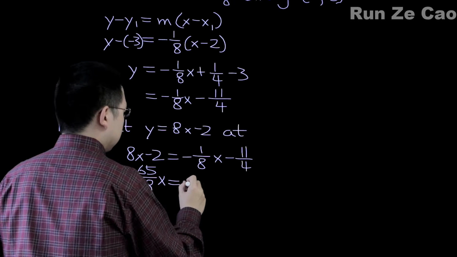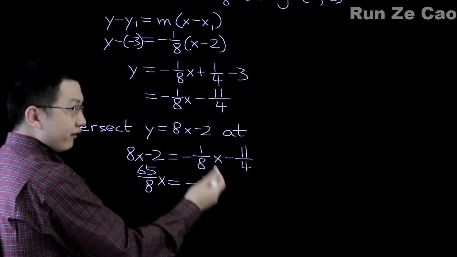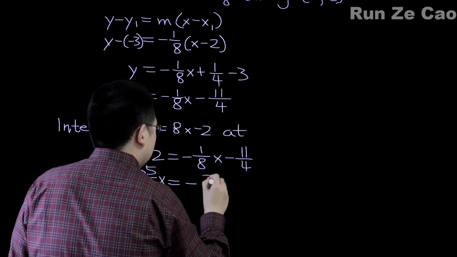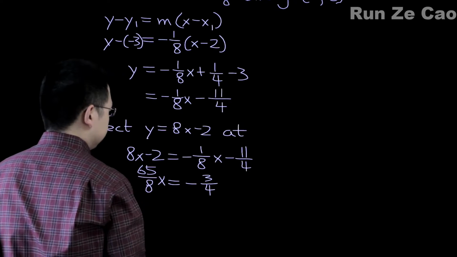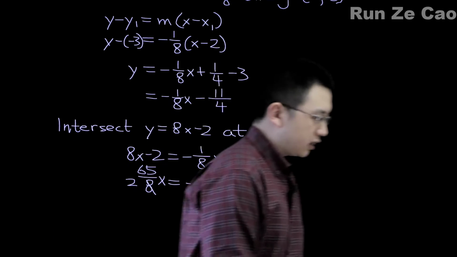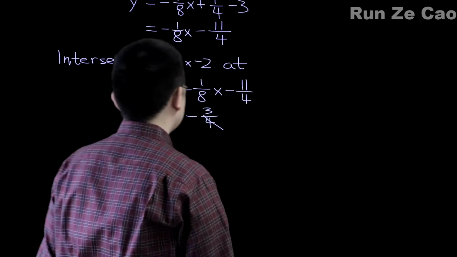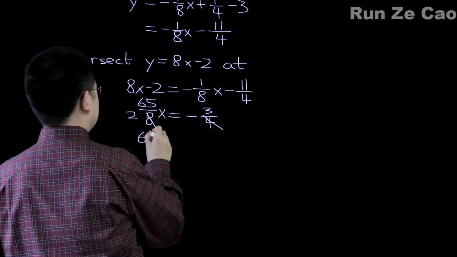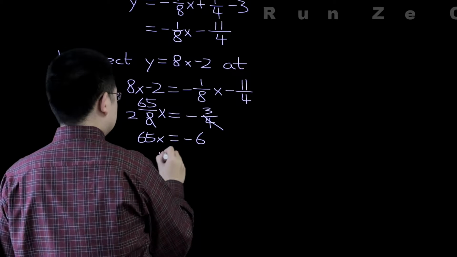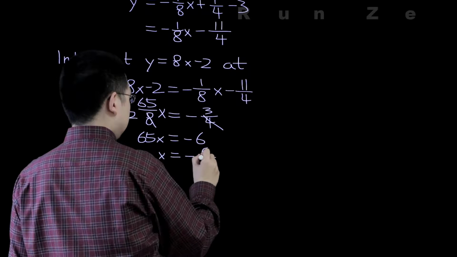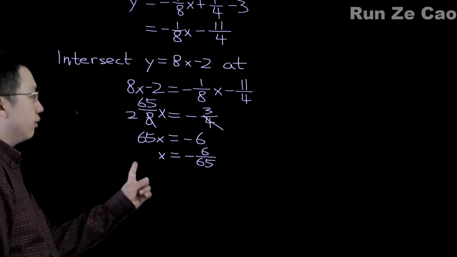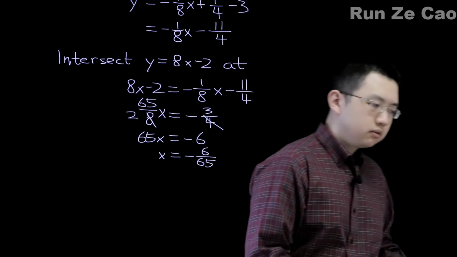That's, well, 11/4 plus 8/4 technically. That's 3/4. We can cross this out, get a 2. Now what actually happens is 65x equals -6, and x equals negative 6 over 65. So this is the point at which intersection occurs.